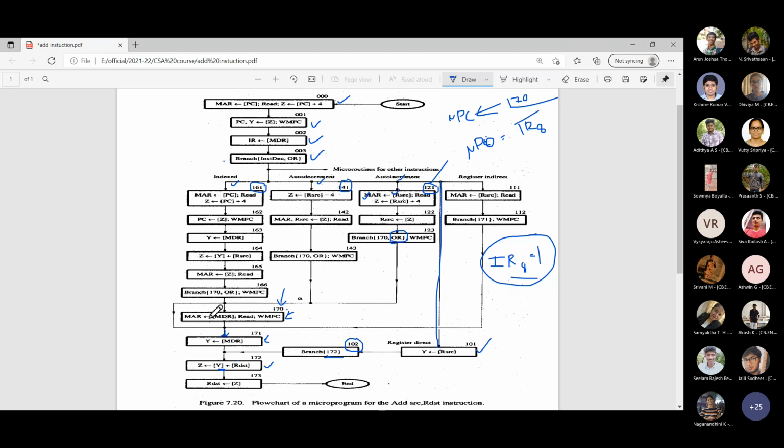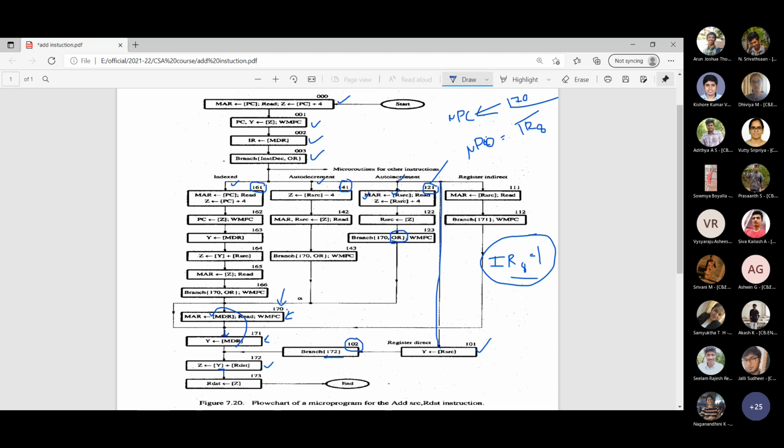If it is indirect, you do one more memory read operation, then only you will get the operand. If it is direct, one memory read is enough. You jump to 171, MDR will contain the value which is to be added. You put it in Y, read the destination, add it with Y, store it in Z, Z out, destination in end. Is it clear?